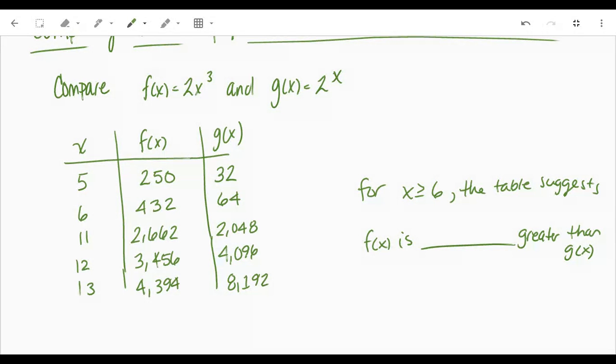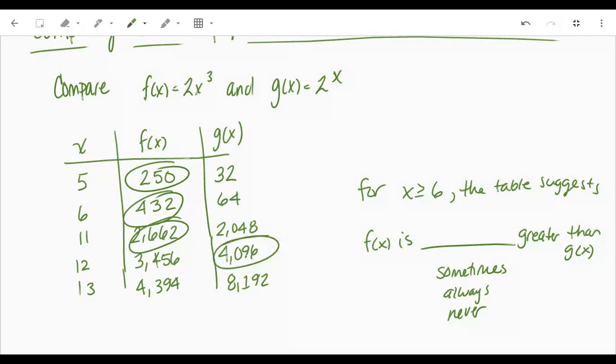Okay, sometimes. Okay. Yes. So it must be always, sometimes, or never. I can't see the options right now. Okay. So f of x is greater, f of x is greater, f of x is greater, g of x is greater, g of x is greater. Okay. So f of x is sometimes greater than g of x.